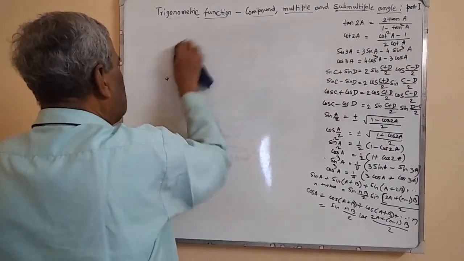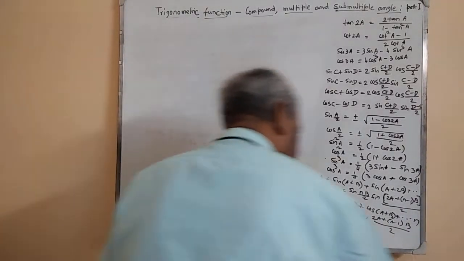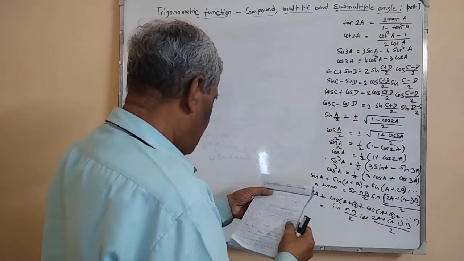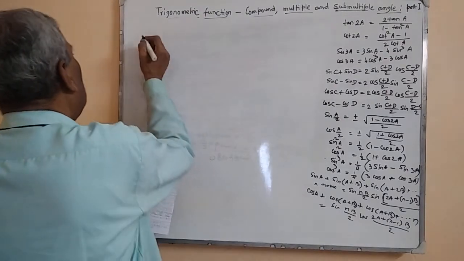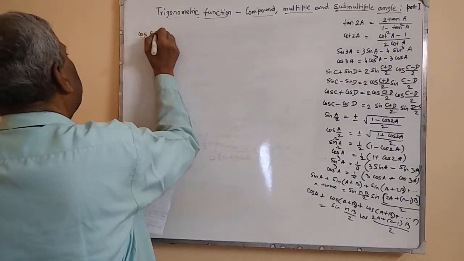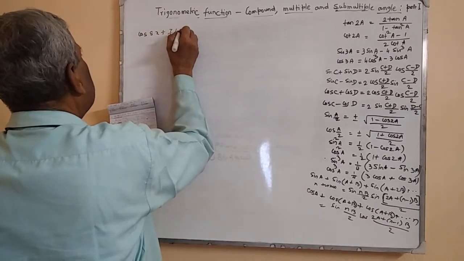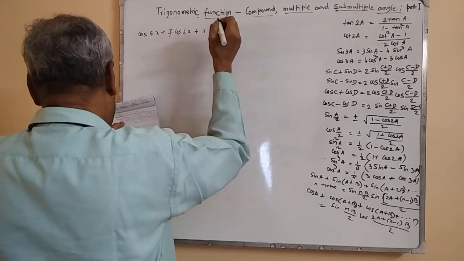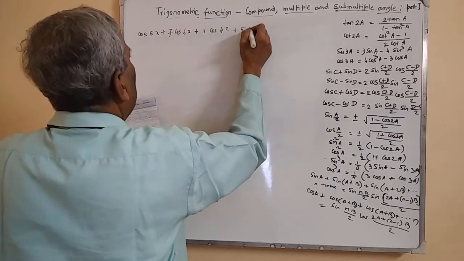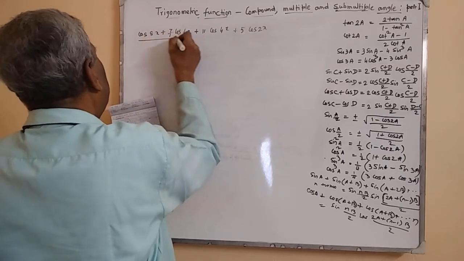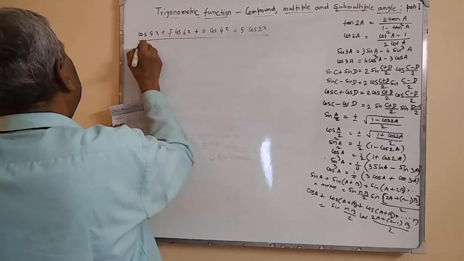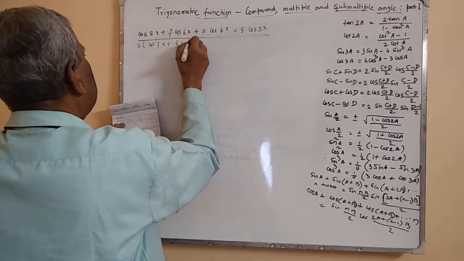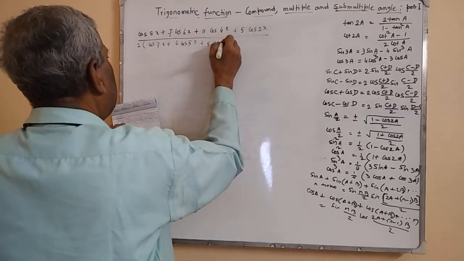Now for the next problem: the value of (cos 8x + 7 cos 6x + 11 cos 4x + 5 cos 2x) by 2 into (cos 7x + 6 cos 5x + 5 cos 3x).